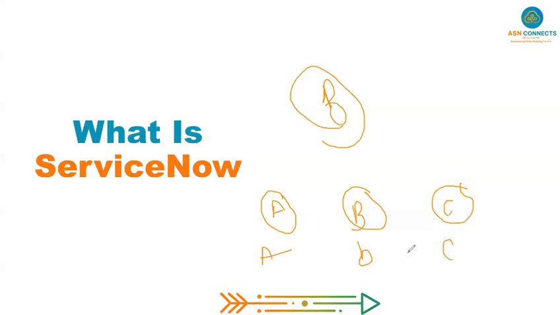Now let us assume there is a problem faced by branch A that needs to be solved by branch B. Let us take branch A in Hyderabad and branch B in Mumbai.